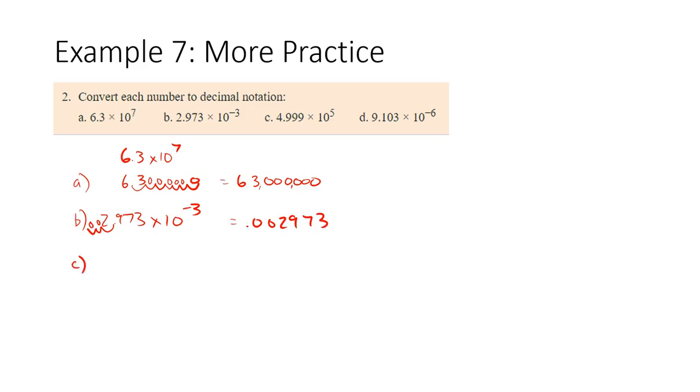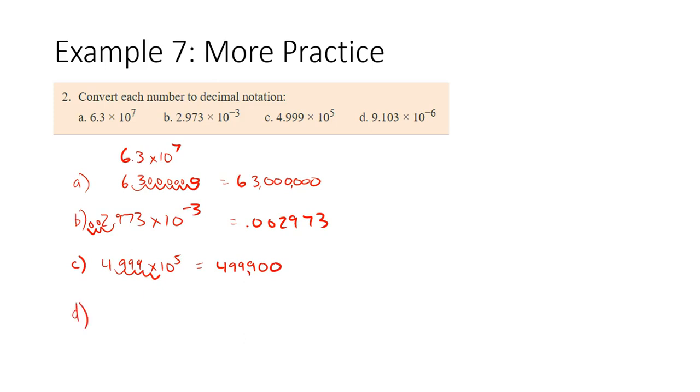For C, 4.999 times 10 to the 5th. We're going to move the decimal point 5 places to the right. 1, 2, 3, 4, 5. So 4, and then we'll have 2 zeros after it.